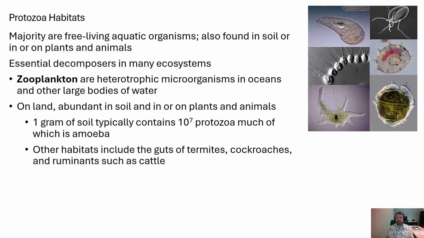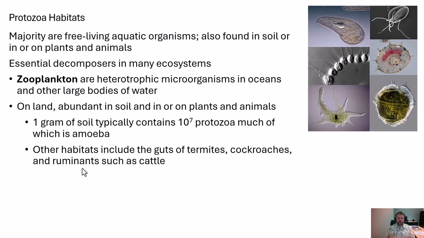Without it, the termite itself could never digest that material and therefore wouldn't exist. So those two organisms interact symbiotically, and the protozoan can't live by itself and the termite can't live without it.